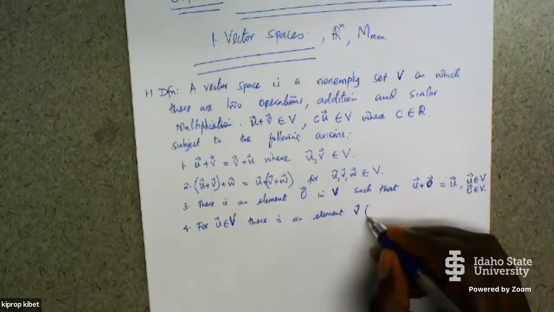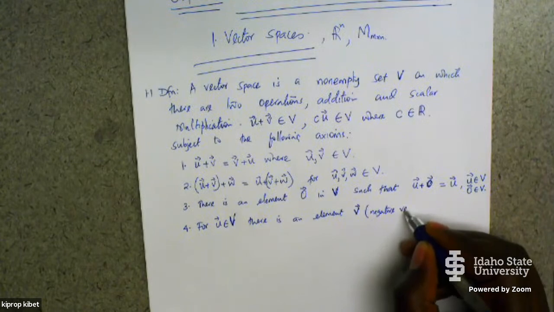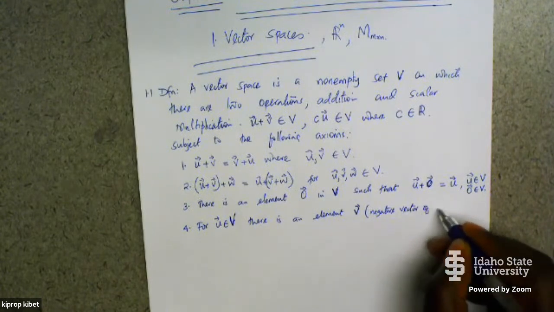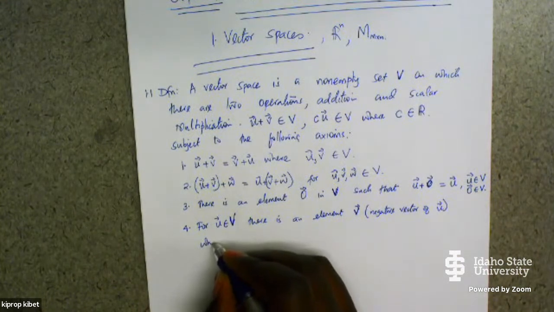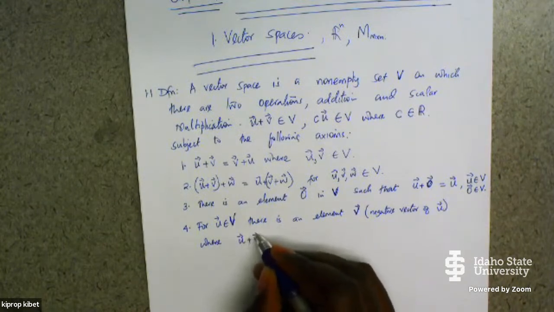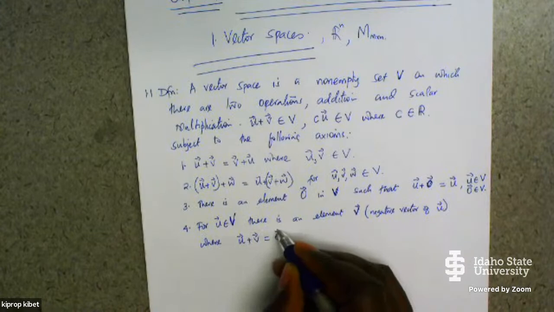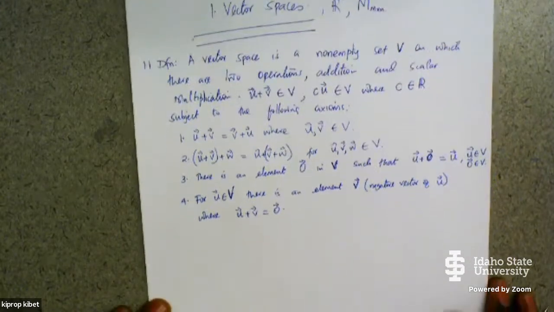This is called the negative vector of u, where u plus v is equal to what? Zero vector. u plus v is equal to the zero vector.